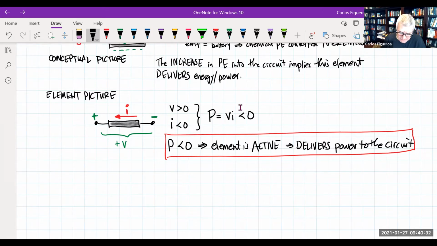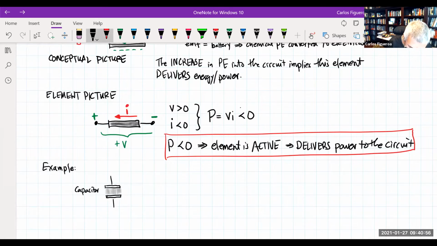But let me ask you a slightly different question as an example here. Imagine that you have a capacitor. So I have two plates for a capacitor, which means that in between I have some dielectric. And this is my capacitor here.